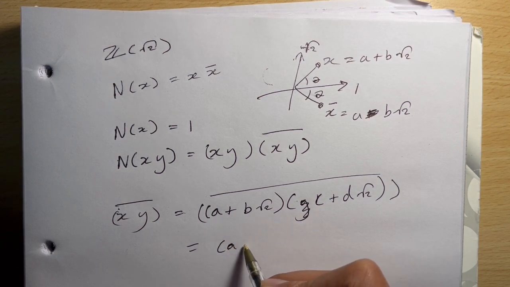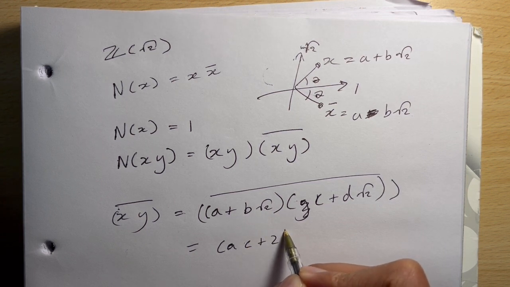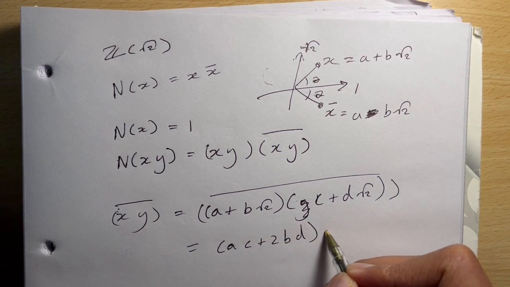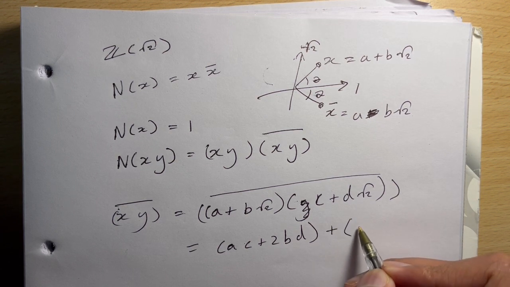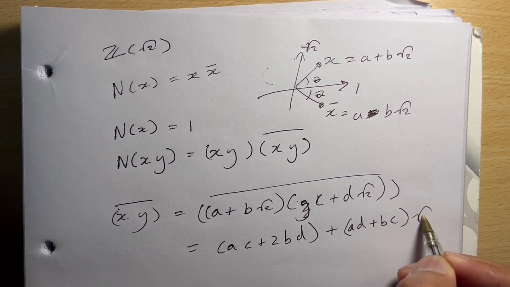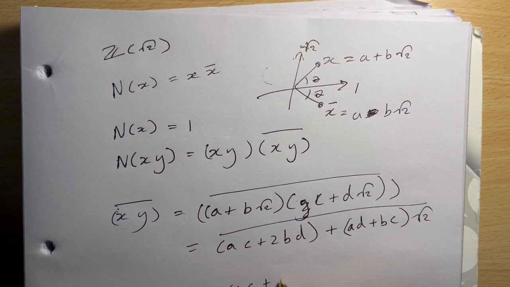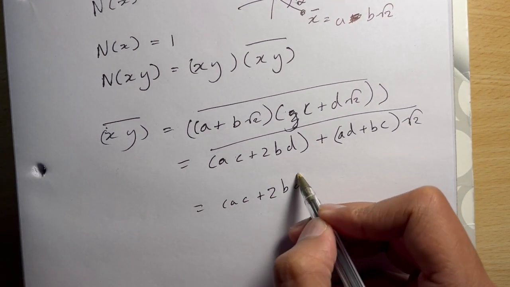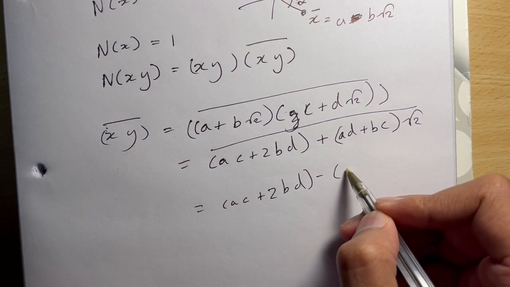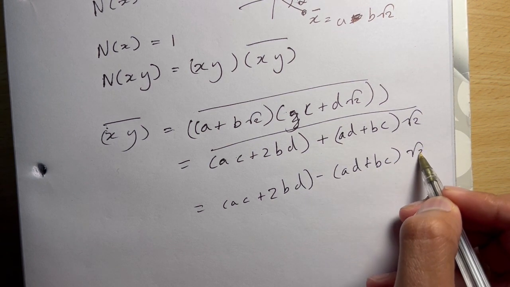So from before, we know this is AC plus 2BD plus AD plus BC, yeah, square root of 2. And because of the complement, it just becomes minus. So we have AC plus 2BD minus AD minus BC times square root of 2.